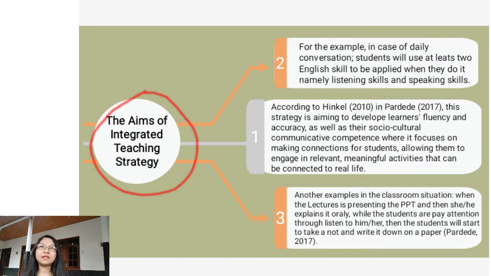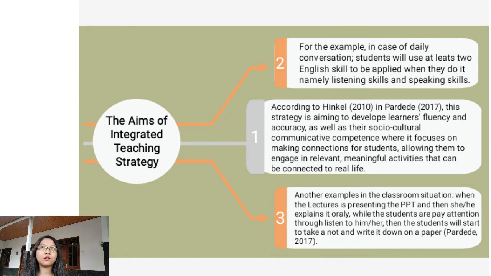And the second point is about the aims of integrated teaching strategy. So, according to Hinkel 2010 in Pardede 2017, integrated language skills teaching models aim to develop learners' fluency and accuracy as well as their social, cultural, and communicative competency, where it focuses on making connections for students, allowing them to engage in relevant, meaningful activities that can be connected to real life.